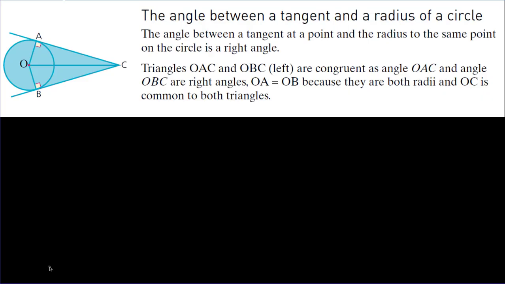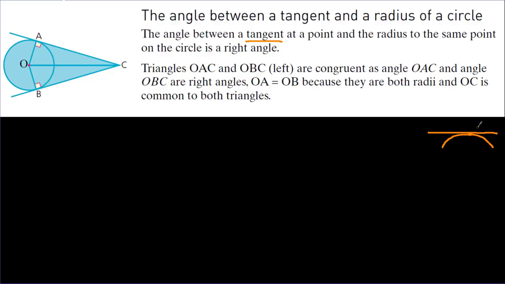Okay, we are going to continue with the second property that we are going to learn in this lesson. Here, the angle between the tangent line. The term tangent, what does it mean? Let me explain briefly here. If we accept that this is part of the circle, an arc of the circle, a line can pass through only one point here.